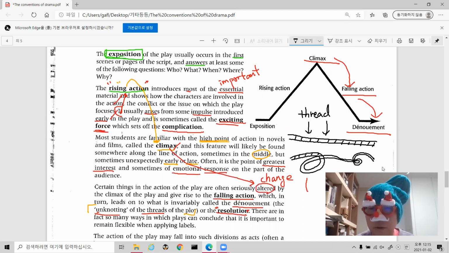So this thread can become knotted. This is a knotted situation.